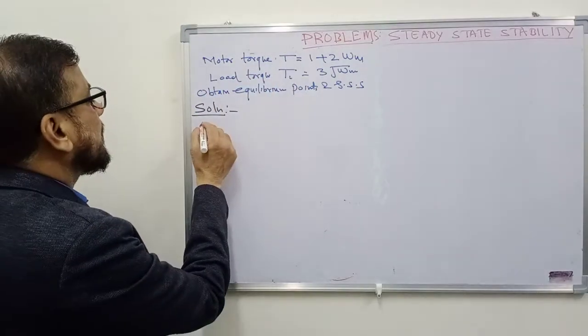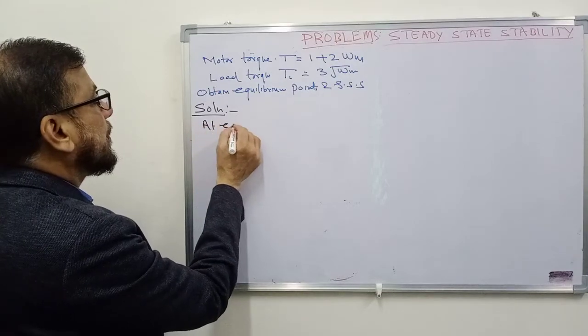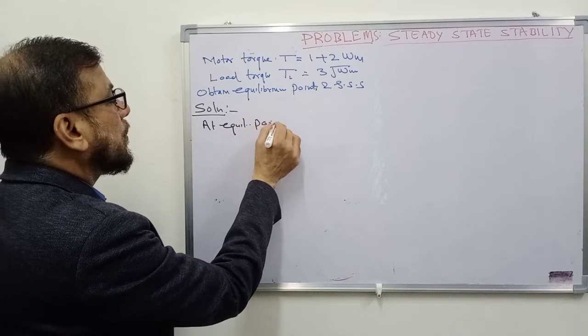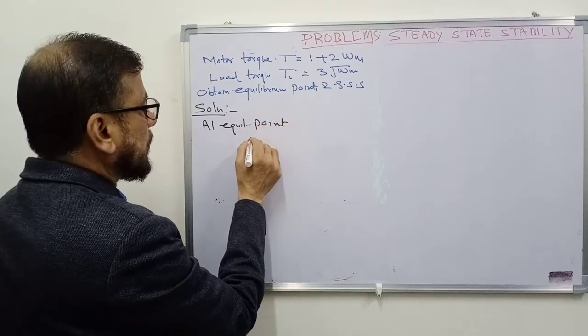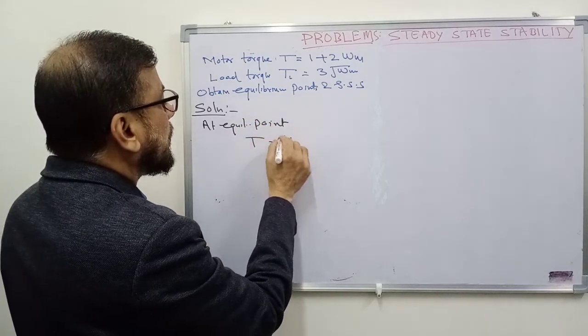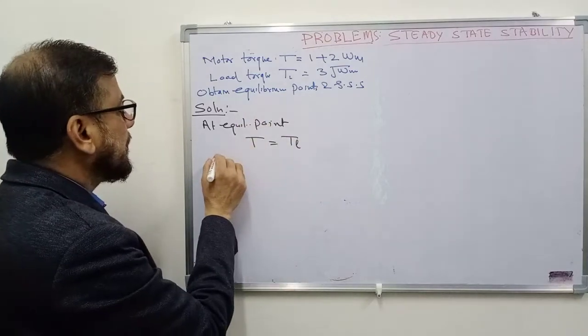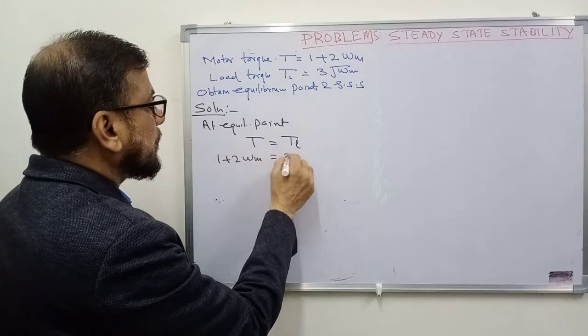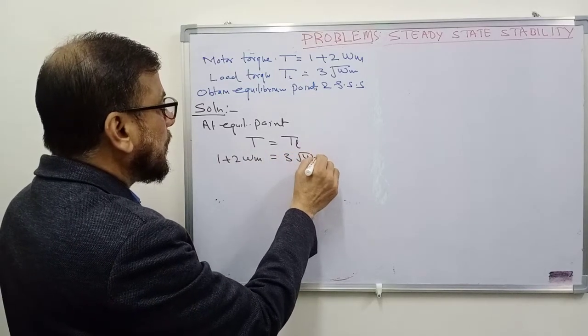So let us start at the equilibrium point. T is equal to TL, that is 1 plus 2 omega m is equal to 3 square root of omega m.